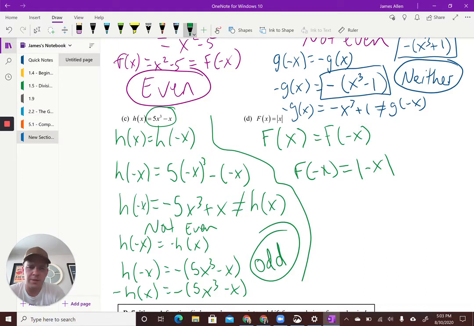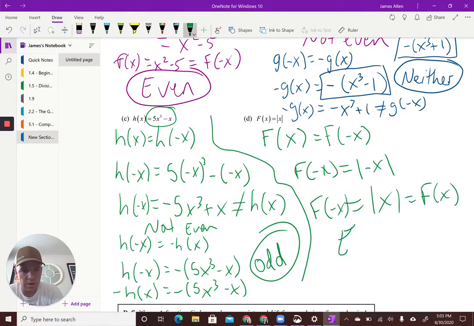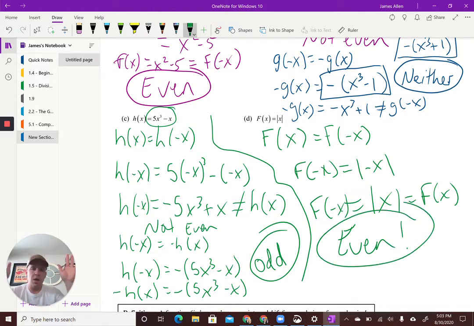Well, what does an absolute value do? It makes everything positive. So it's going to become the absolute value of x again, so if we have this equals that, we know that equals f of x. So even. Woo! Yay! I'm super psyched about that. That was fun. All righty.